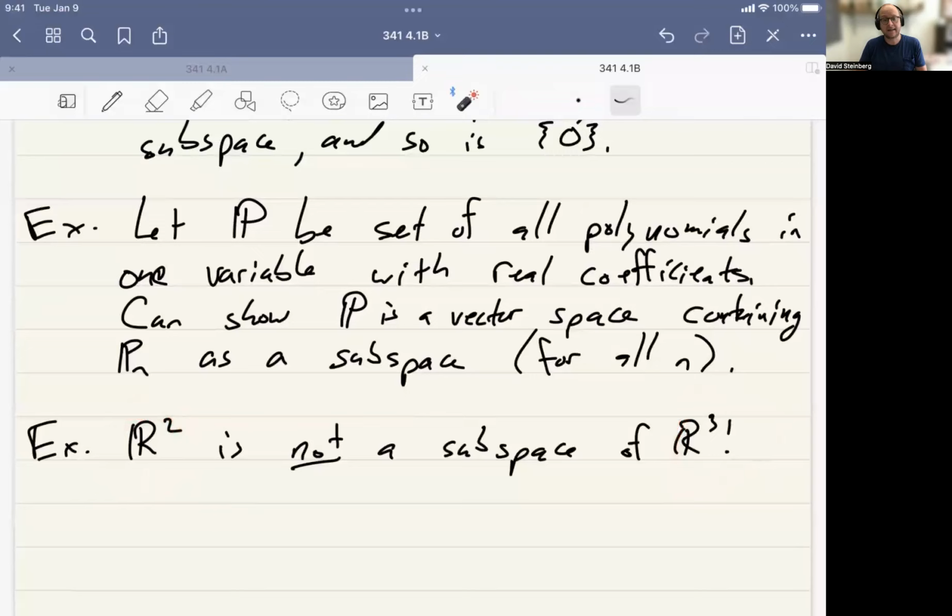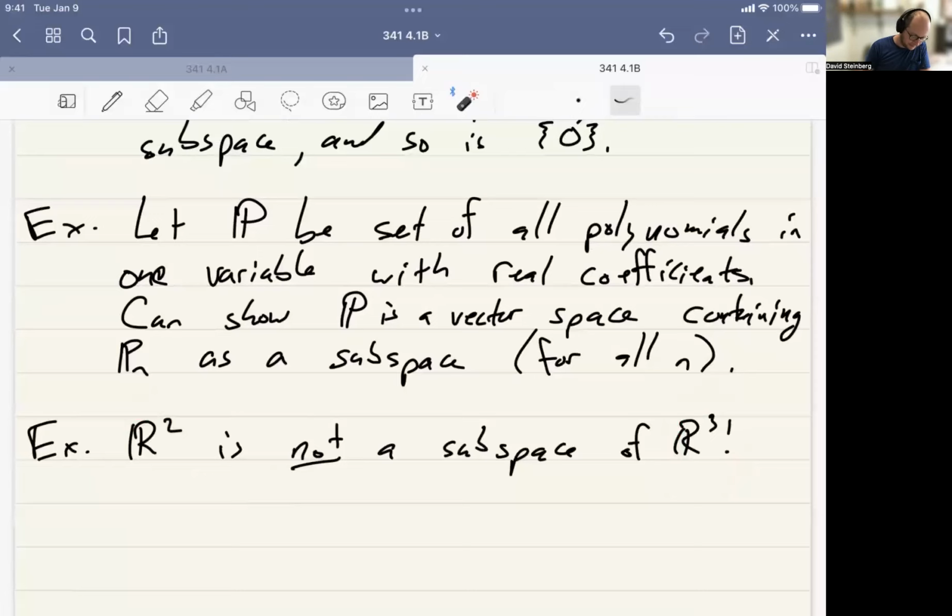It's not even a subset. It's not even true that every pair of numbers is automatically a triple. Now, there's some way of putting R2 inside of R3, but there's lots of ways of doing that. If we're living in R3, we can have R2 like this, like that, or like this. There's lots of ways of putting R2 inside of R3, but there's no copy of R2 inside of R3.